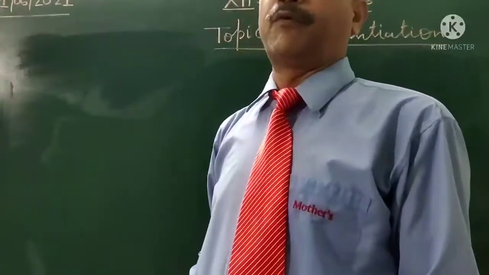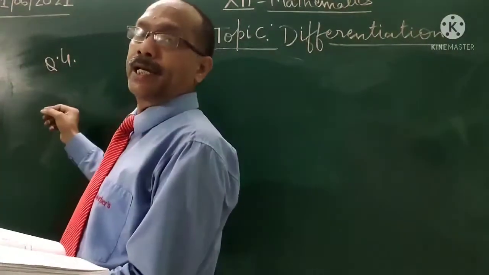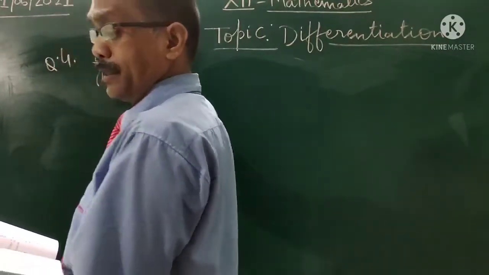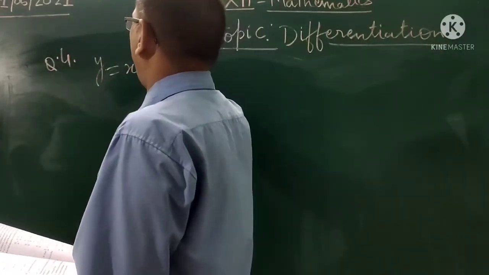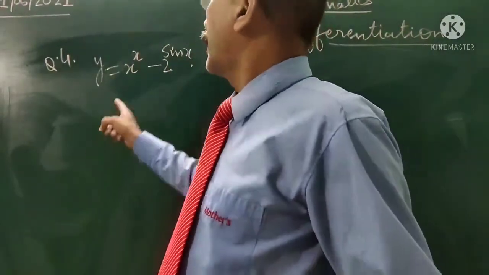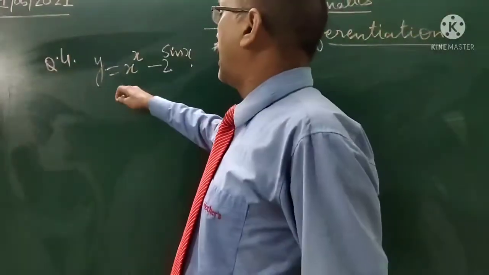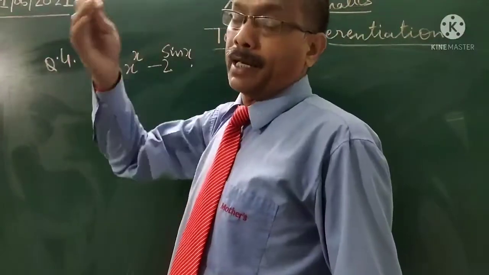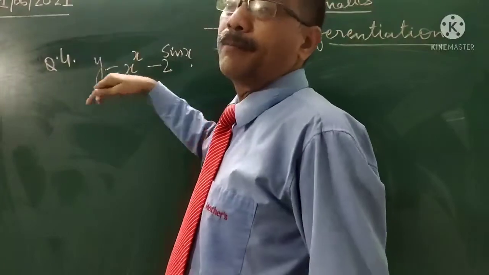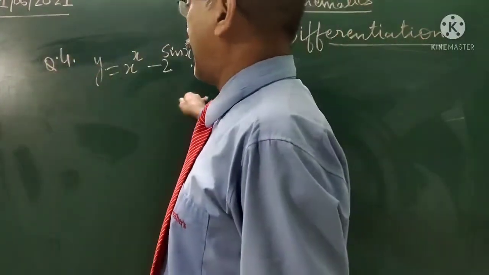Student, now question number 4. Question is y equal to x power x minus 2 power sin x. Student, it is like the function x power x, a function having the power of another function, minus 2 power sin x. So we cannot take the log directly.